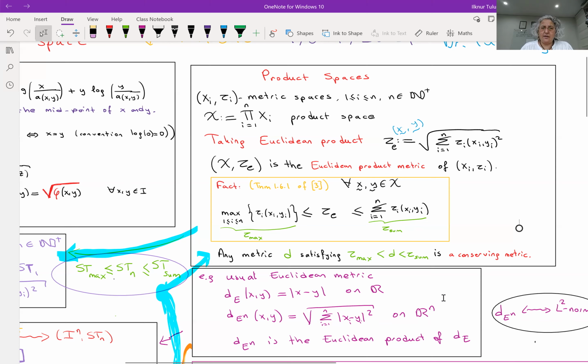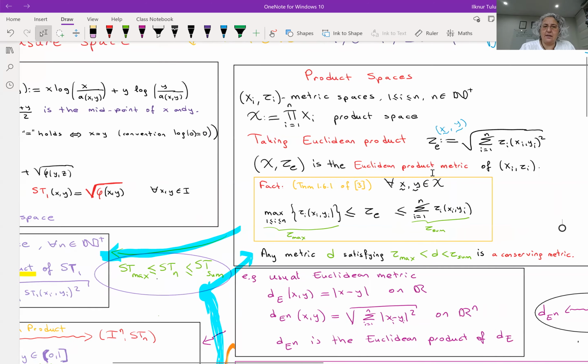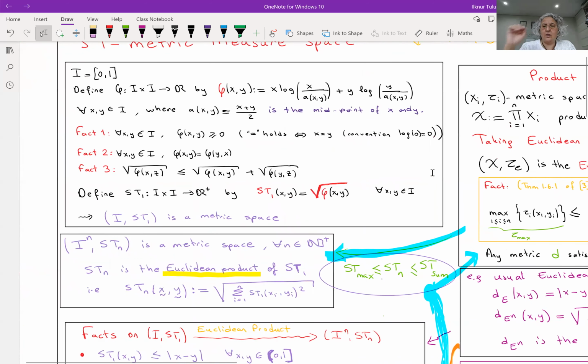Now let's take this idea and move to the ST case. So if I take the ST1 for each component of this Cartesian product space, and then square it, sum it up, and take the square root, basically by taking the Euclidean product, I obtain another metric, and this will be a metric on the n-dimensional unit cube.